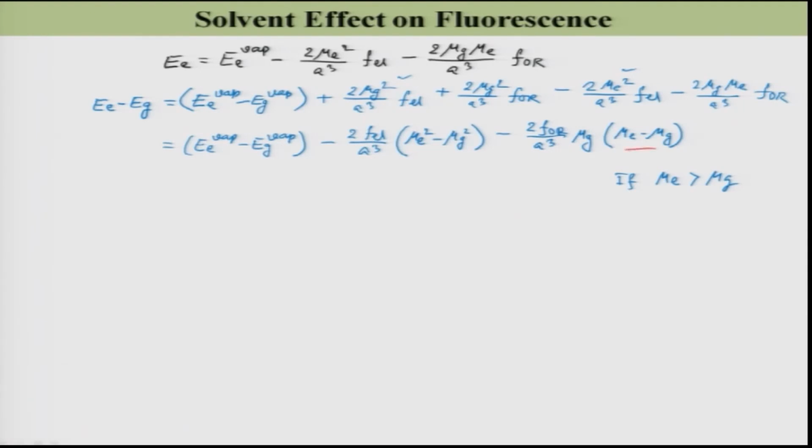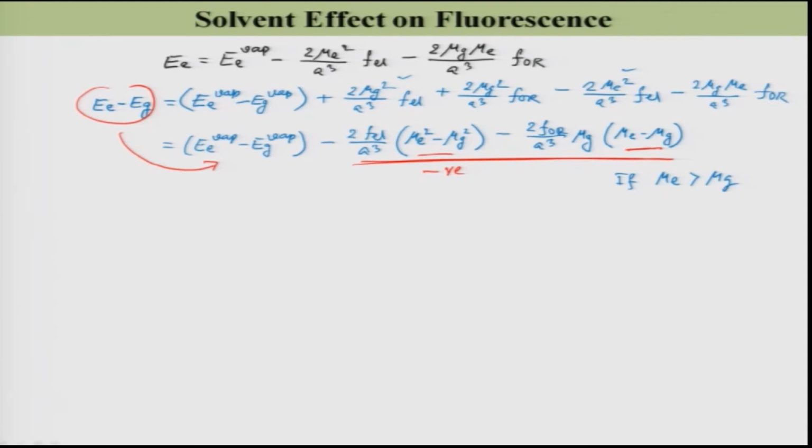So, this is my positive quantity, this is my positive quantity, then the whole thing is negative, right. That means this energy is less than this energy, because the total thing is a negative quantity. This energy is less than this energy means there will be a red shift in the absorption spectra. That means when mu_E is greater than mu_G, there is a red shift.